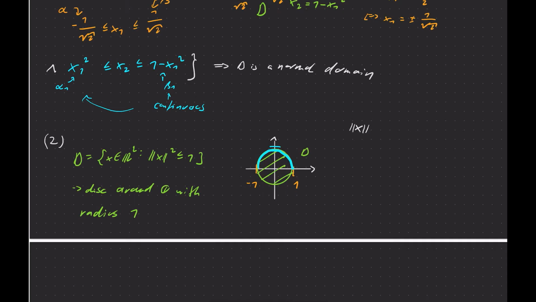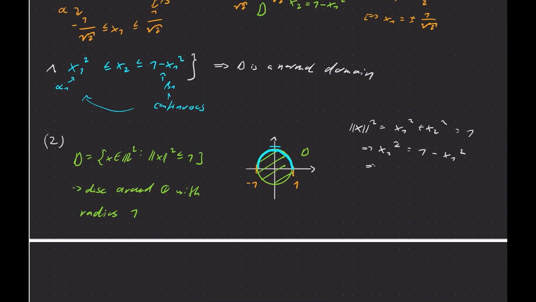And that's, again, not too hard. That norm of x squared is x1 squared plus x2 squared. So that means on that circle line, x2 squared is exactly equal to 1 minus x1 squared. And the 1 is the radius here. So for a different radius, it's not 1, but it might be the square of that radius.